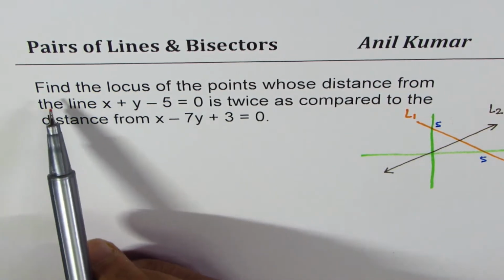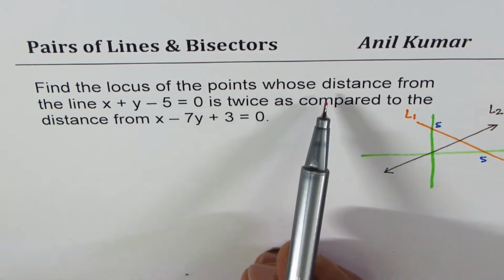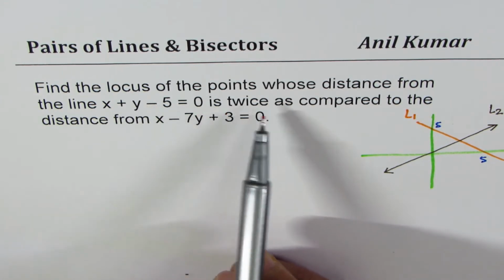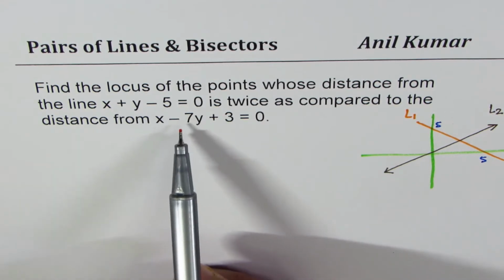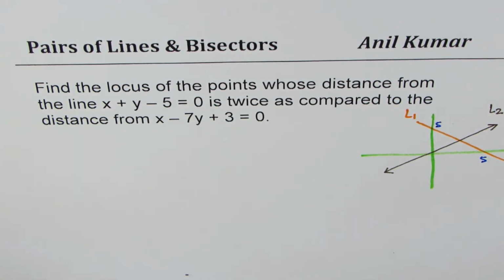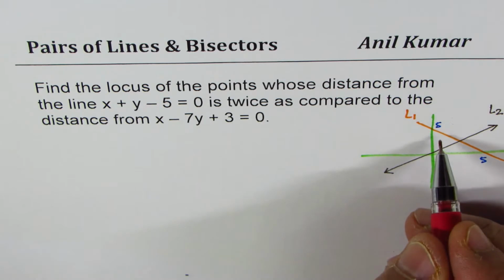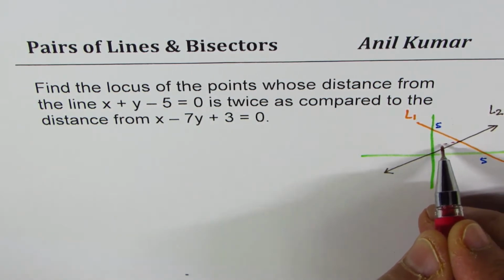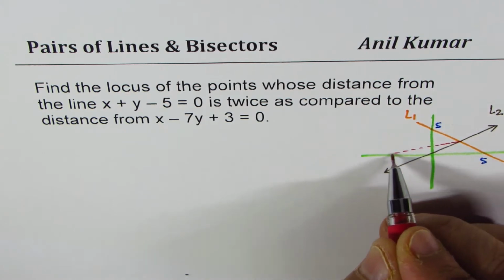When we say find the locus of points whose distance from the line x plus y minus 5 equals 0 is twice as compared to the distance from the other line, we're trying to say that the distance is twice from here. That means kind of like this.